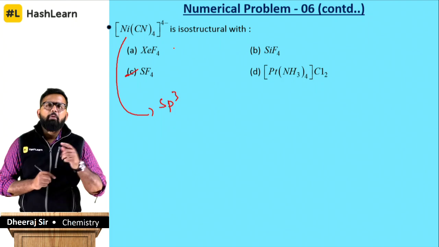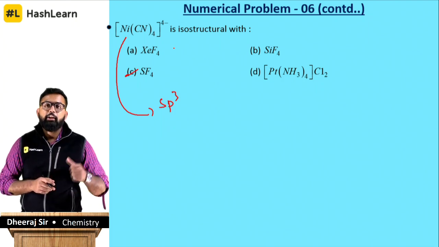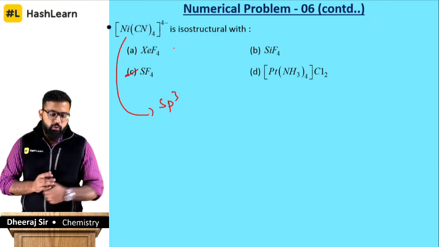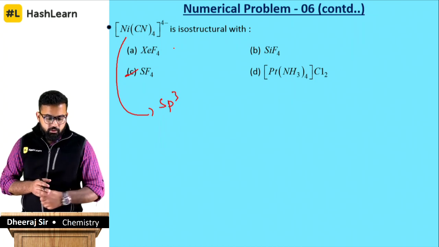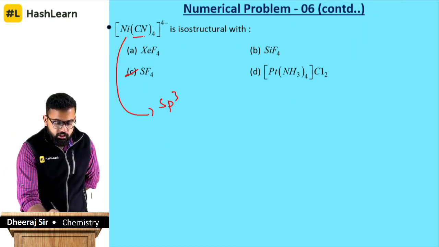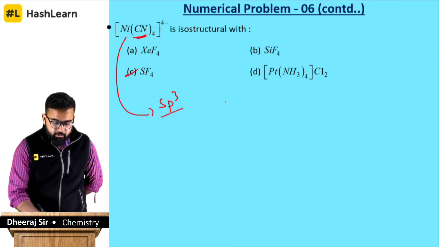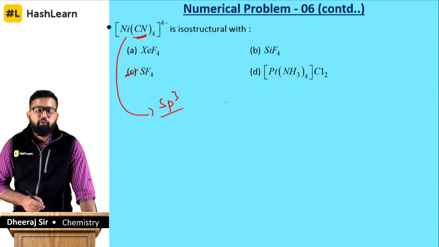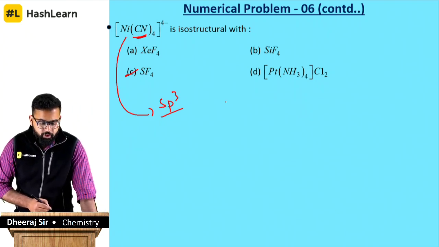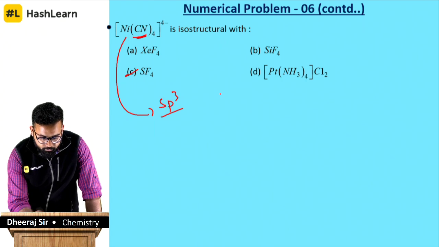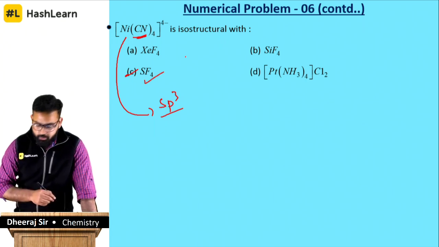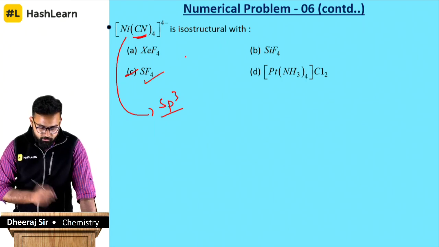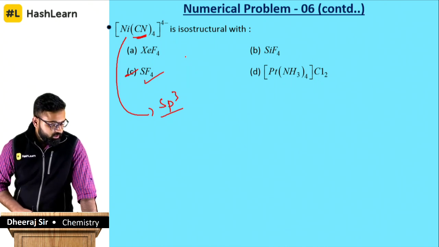Whenever they talk about structure, mind you guys, you have to know hybridization. With hybridization, our work becomes very easy. So there are 4 bonds, 4 cyanides for nickel, it is sp3, and in the case of SF4 also it is the same thing. So it has to be option C, which is SF4, because of hybridization.